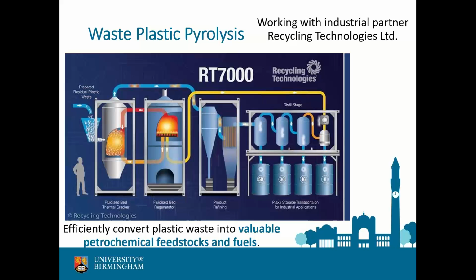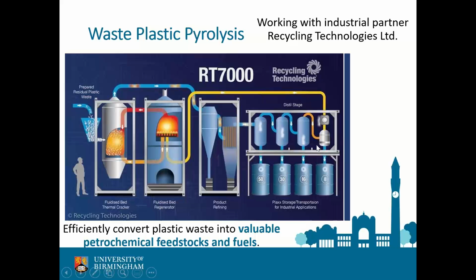So the long-chain hydrocarbons that make up our plastic are being cracked, split down into their smaller constituents, and then the resultant gas is pumped out of the system, refined, and distilled into lots of different fractions, of which we have some nice low-sulfur fuels, some plastic feedstocks, and also light hydrocarbon gases.